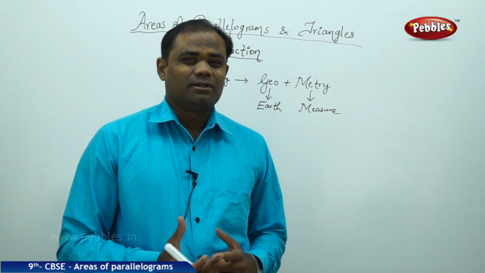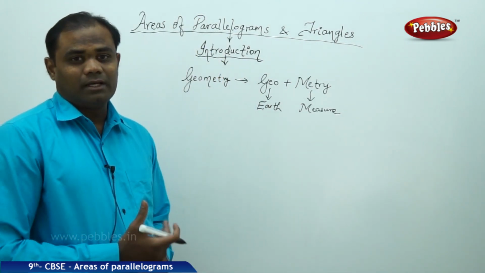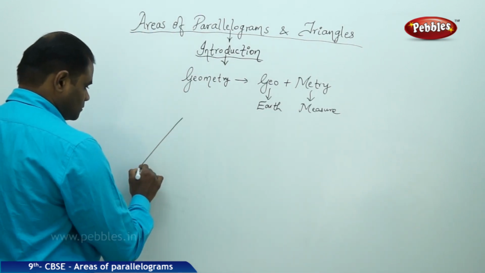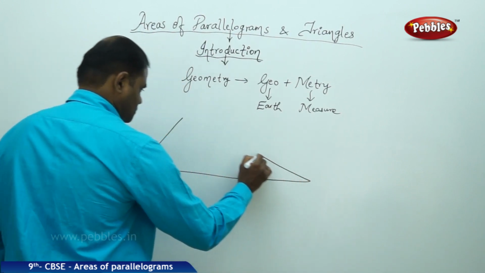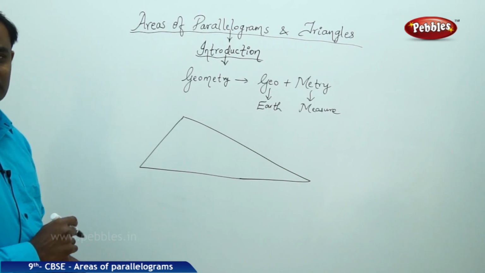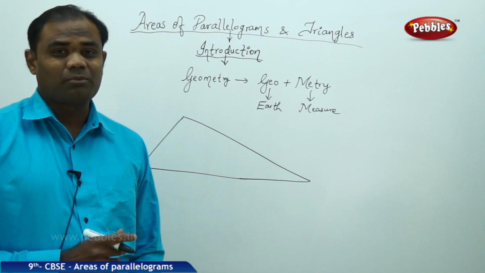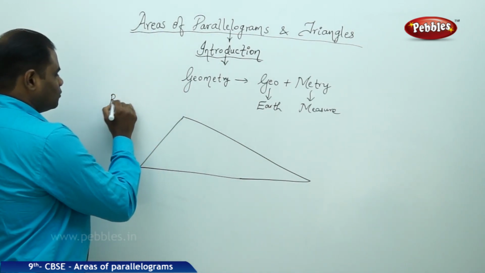To continue with, imagine I have an agricultural field which is triangular in shape. Imagine this is my plot and this is the plot of land which I want to divide equally among three people. For example, say Budhia was a farmer.